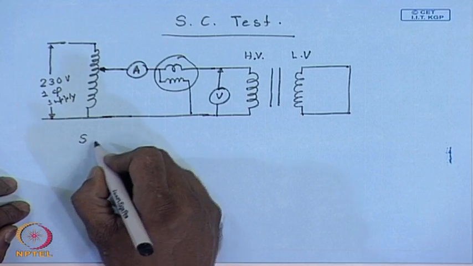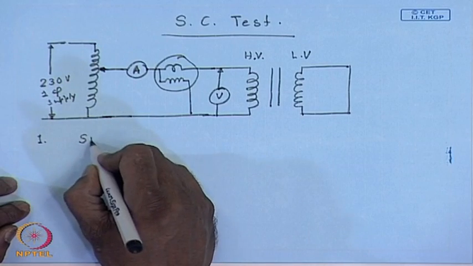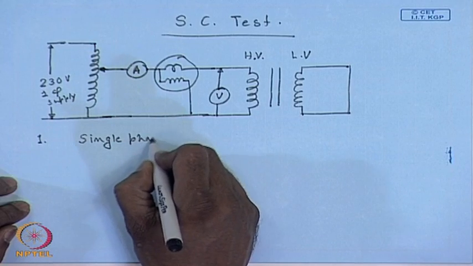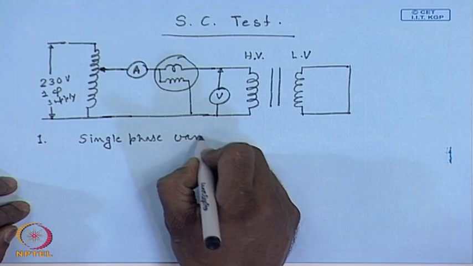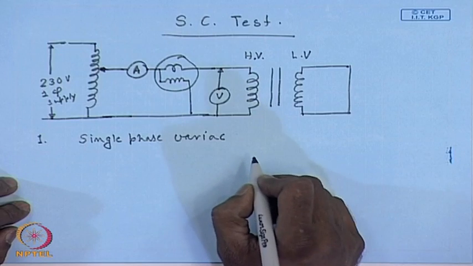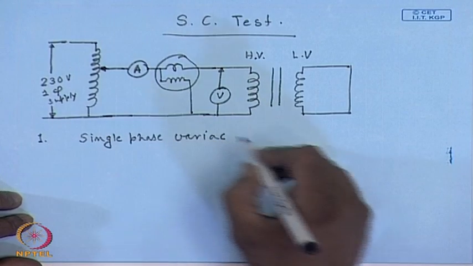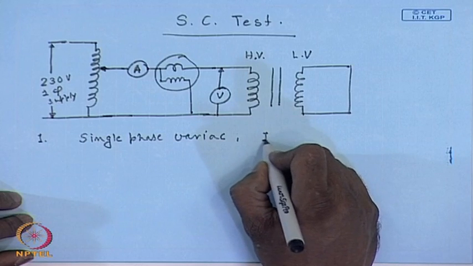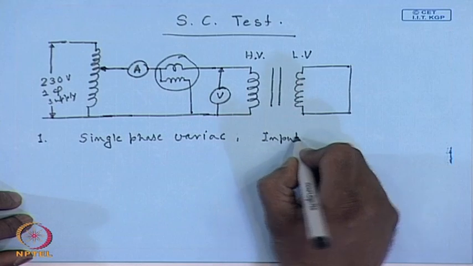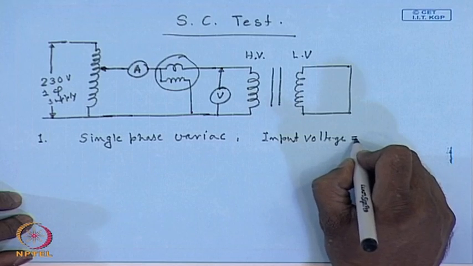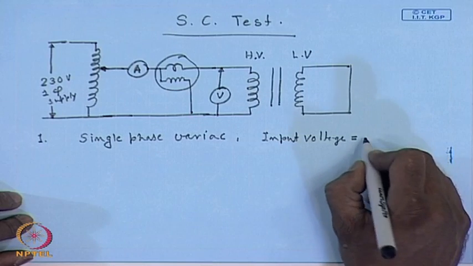Equipment required, first is a single phase variac. Its input voltage is 230 volts.